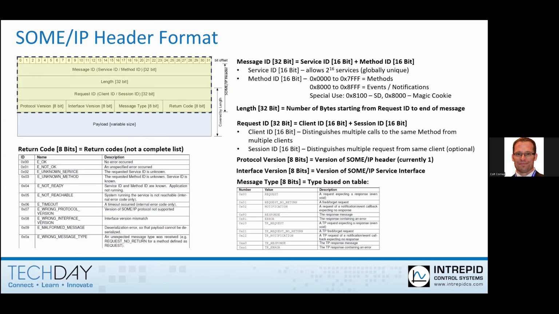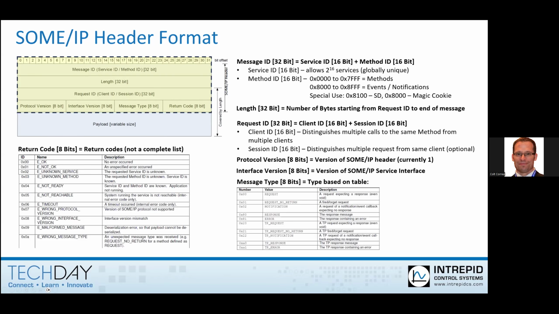So we have to be careful about just saying physical hardware is equal to one client ID. That's not always the case. Especially when we talk about a zonal SDV ECU, some of them can be very complex and have multiple client IDs in there. But a client ID and then a session ID distinguish between multiple requests from the same client.